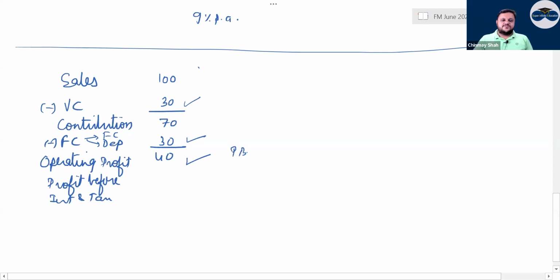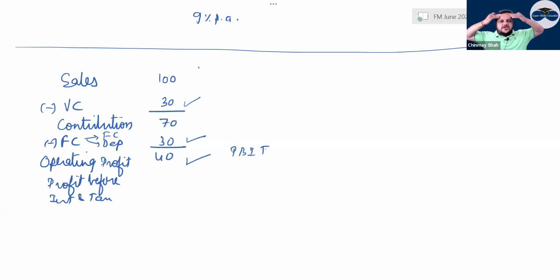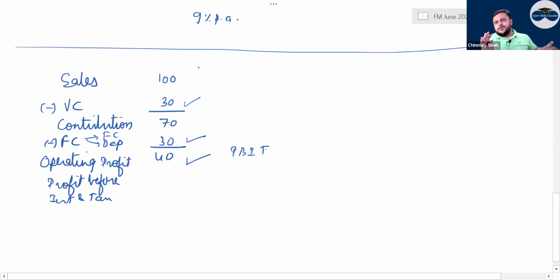Anyone who does not know what is PBIT or operating profit? Now see, one view in this is very important. Focus here on the screen. Sales minus variable cost gives you contribution. Let's say 100 rupees is the selling price and 30 rupees to make this bottle. 70 rupees is what remains in your pocket for paying the fixed cost.